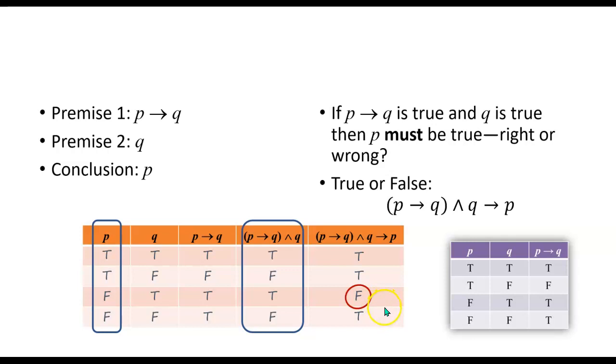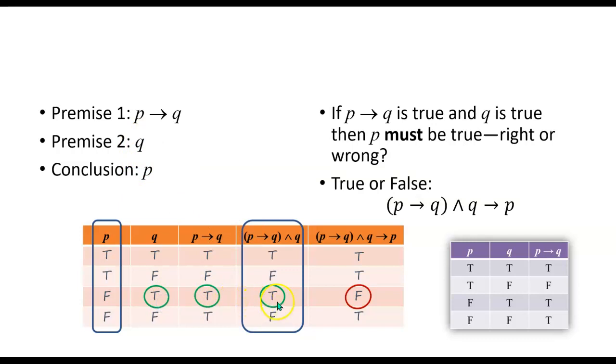And since one of those values is false, that means this is an invalid argument. Look at what that's telling us. That's telling us that there is a possibility, there is a row on the truth table where P implies Q is true, premise 1 is true, and Q is true, premise 2 is true.